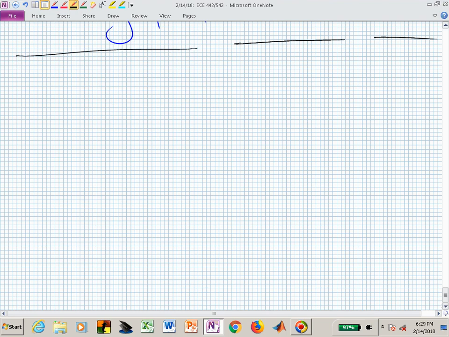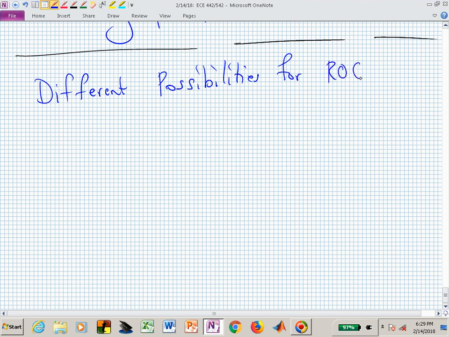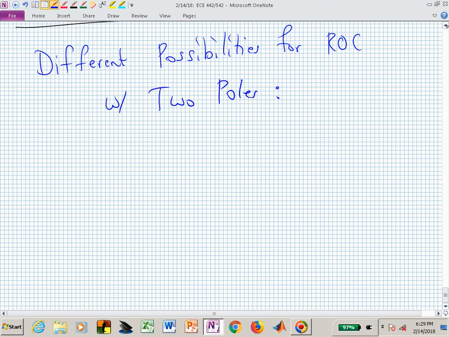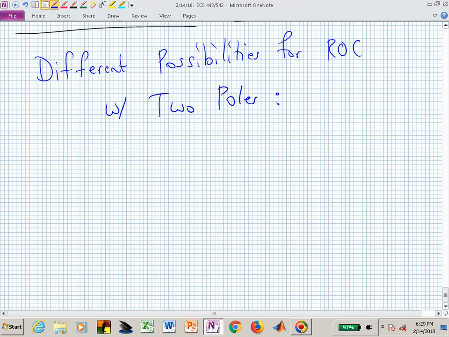What are some possibilities? So let's look at some possibilities with two poles and what that might correspond to in terms of whether the response is bounded or unbounded, etc. Let's look at possibility number one.